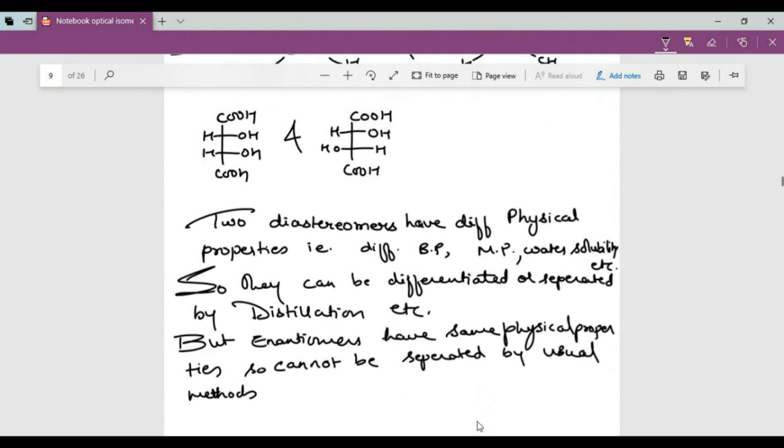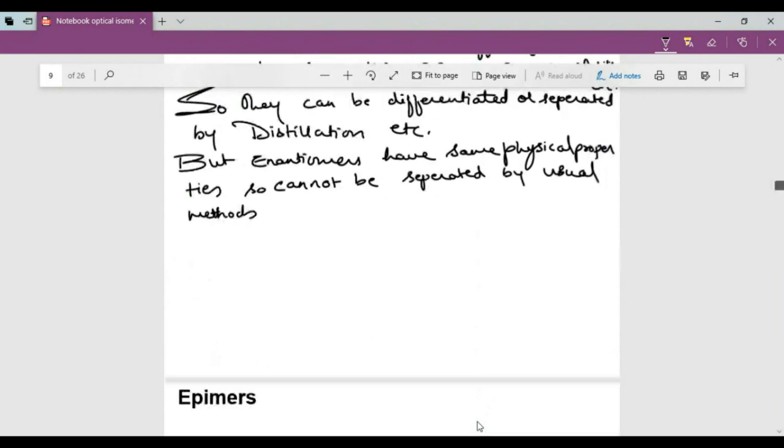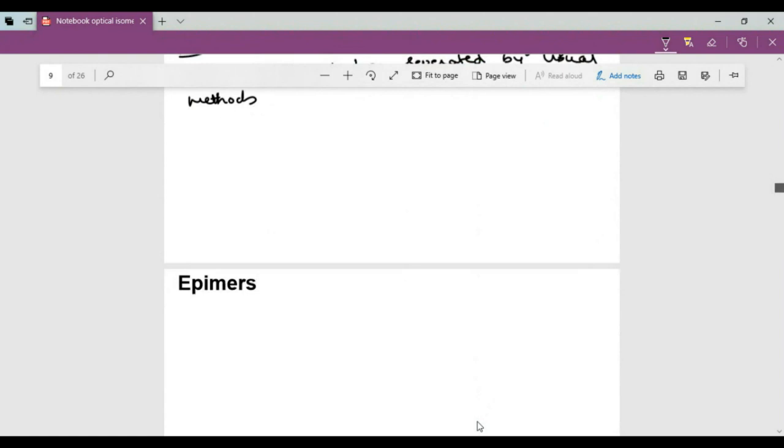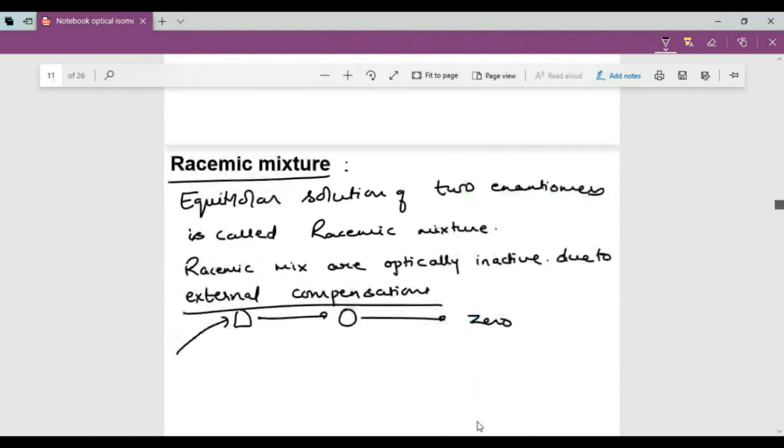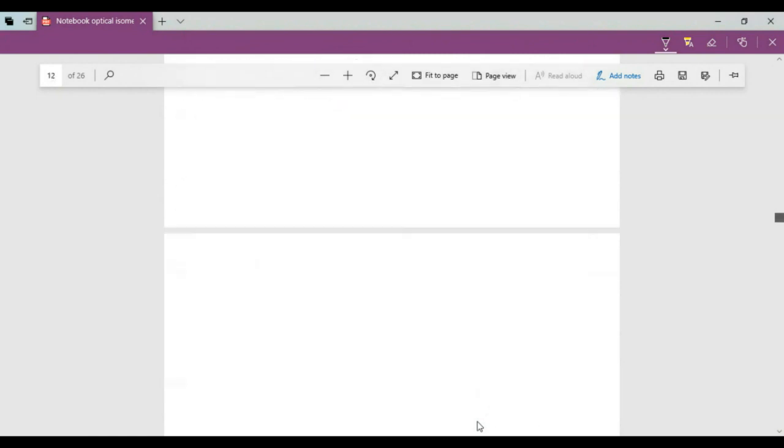Enantiomers have the same physical properties, so cannot be separated by usual methods. For them, we'll need some different and specific methods. And how are they to be separated? Let me go to that.